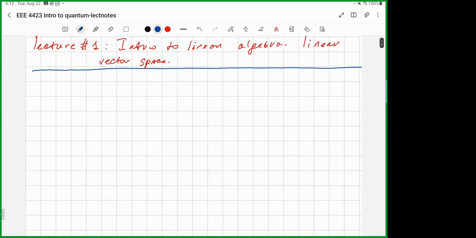All right, and when we talk about linear algebra, the first concept we mention is the linear vector space. Let me color the main concept in red. Okay, so definition: linear vector space.